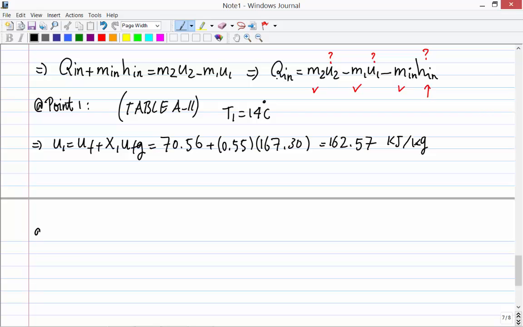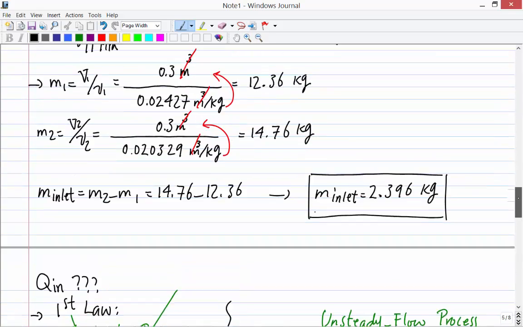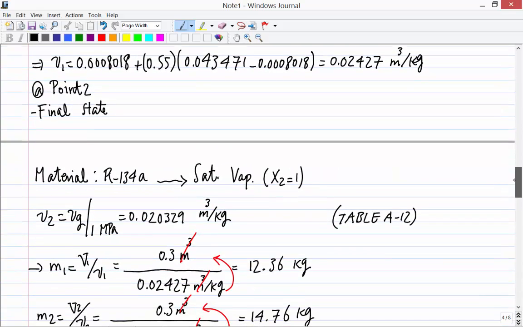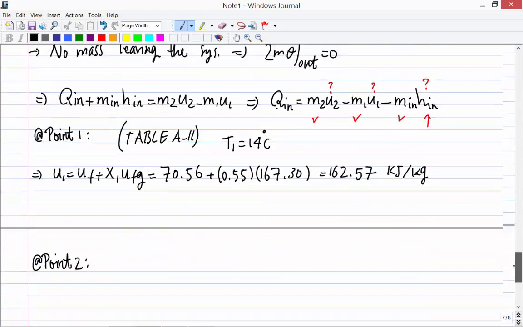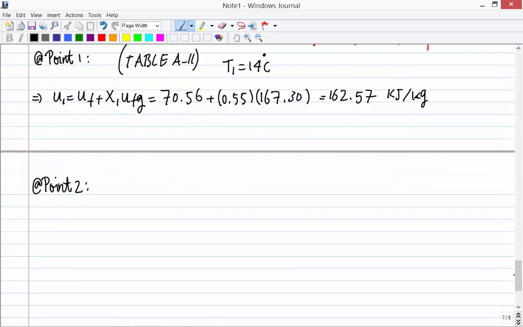And at point 2, I know that I have saturated vapor, and I have the pressure, which is 1 megapascal. So I would do the same thing as I did for little v, but here for little u. u2 is ug at 1 megapascal.